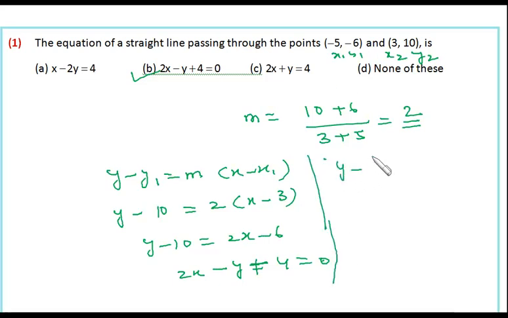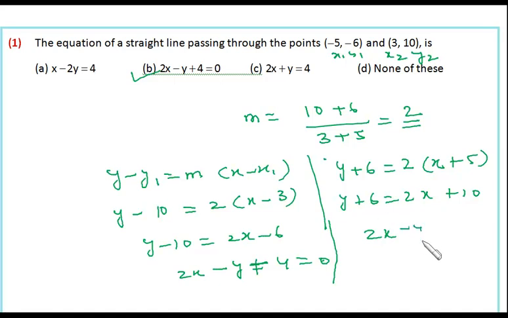So it is y minus minus 6, so y plus 6, is equal to 2(x plus 5), right? So y plus 6 is equal to 2x plus 10. Further, 2x minus y plus 4 is equal to 0. So in both cases you'll get the same answer.